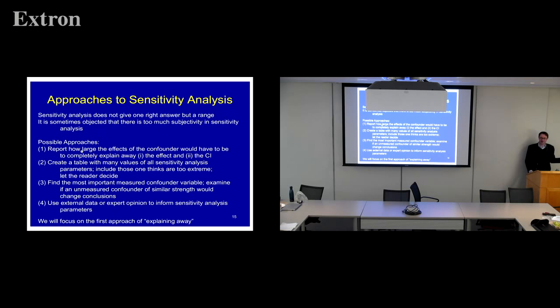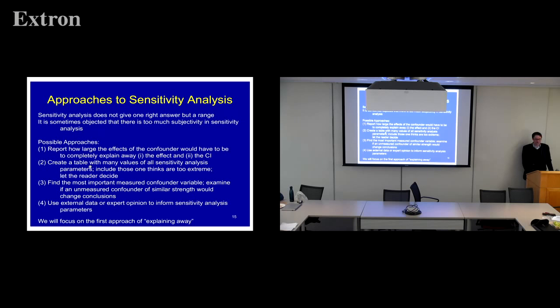One, and this is the one I'll really be talking about for the remainder of the presentation, the one that's going to concern the E-value, is simply report how large the effects of the confounder would have to be on the exposure and on the outcome to explain away the effect estimate, and to shift the confidence interval to include the null. Those would be two separate numbers. But then you're not choosing the parameters to make the effect estimate look good. You're just saying, here's how large they need to be to completely get rid of it. And that can be quite informative.